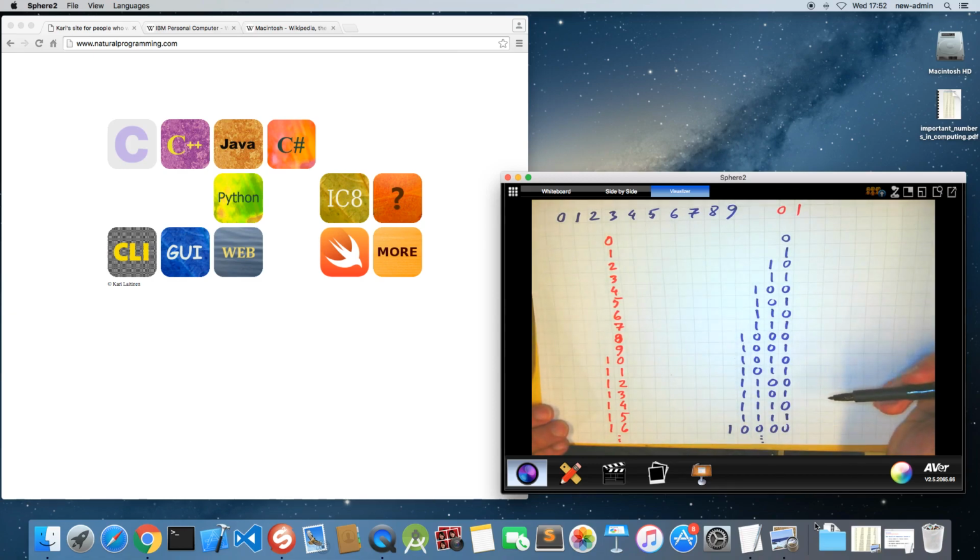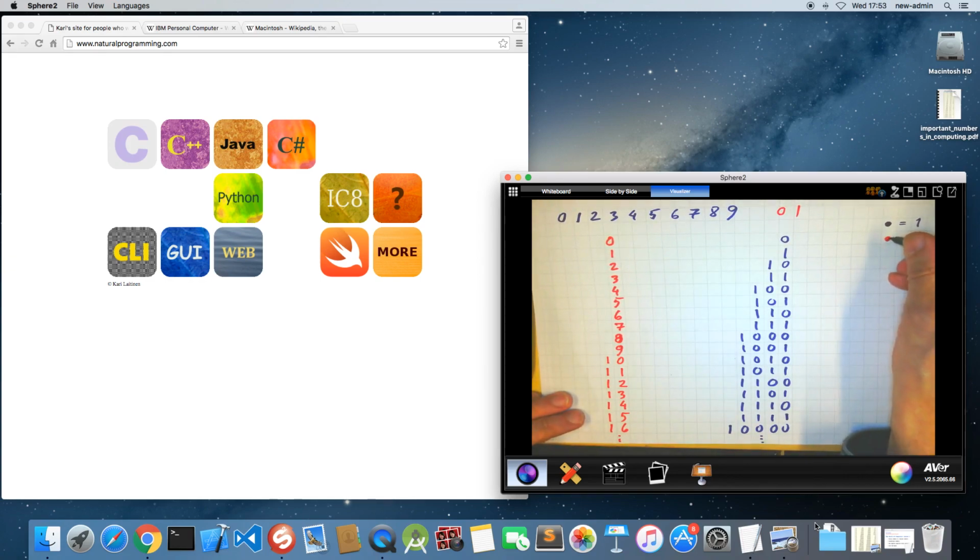If we would make a decision that the blue dot means 1 and red dot means 0, then we could also express these binary numbers with these two dots.